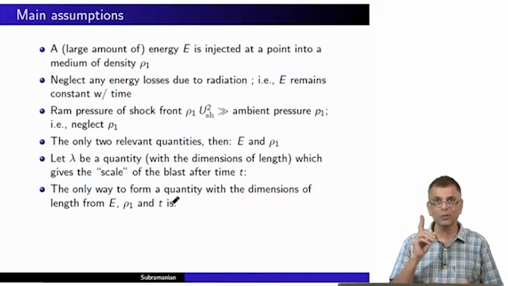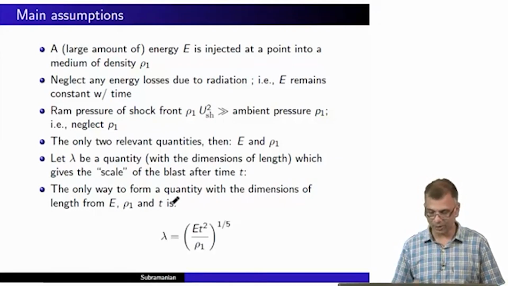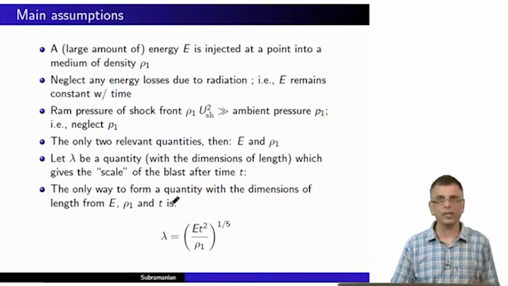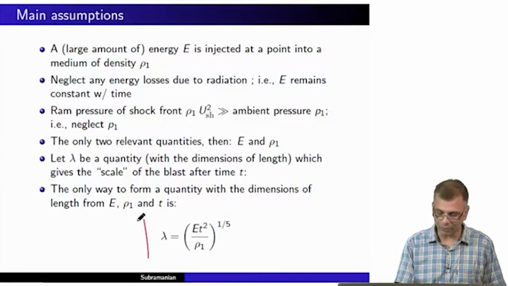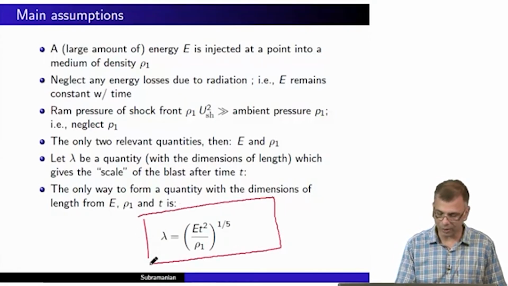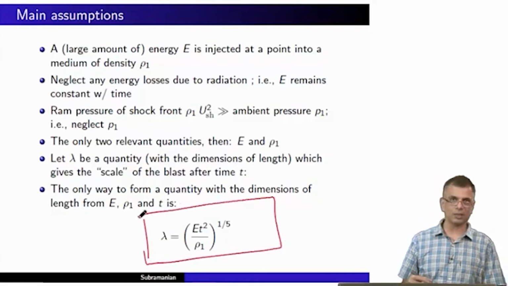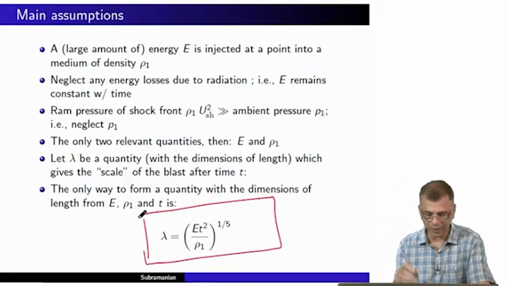And it turns out that there is only one combination, and that is this. This is the only way. You can play around as much as you want. This is the only way you can construct a quantity with dimensions of length.